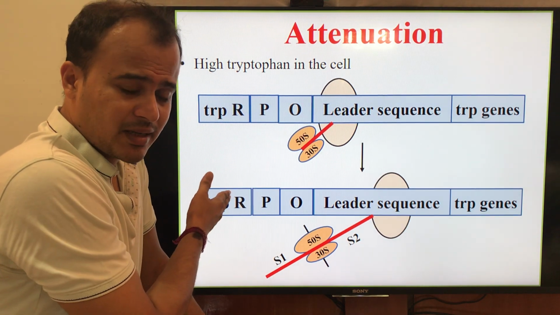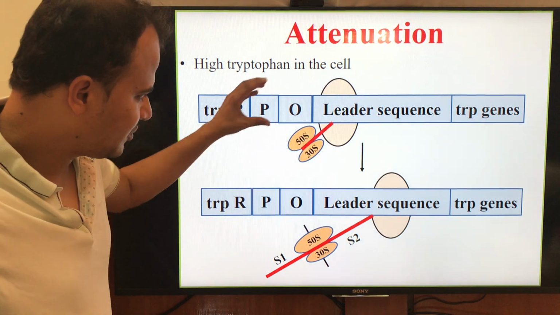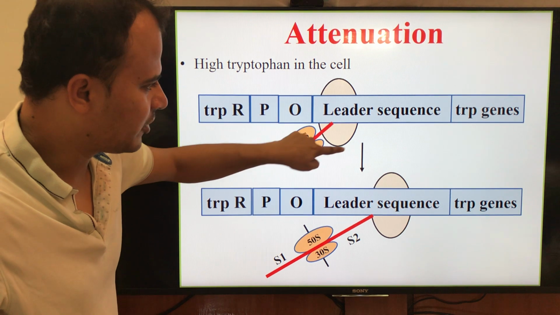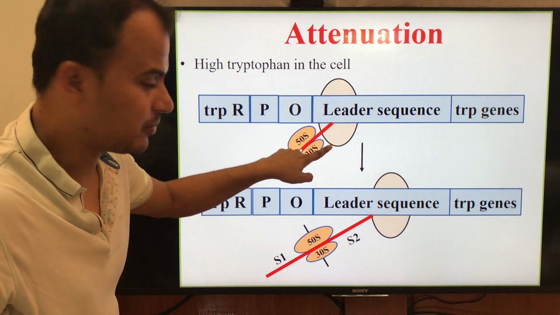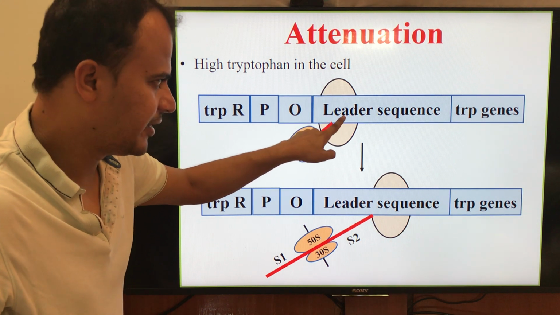The other mechanism that the bacteria has adopted is attenuation, where you see this picture. This is the RNA polymerase. The oval is the RNA polymerase. It has started transcribing the leader sequence.